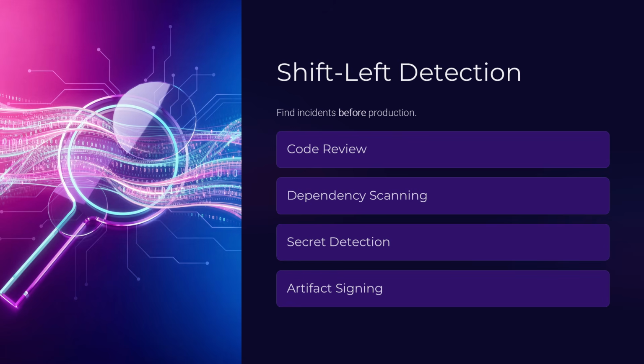Waiting until that secret is exploited in production is too late. Similarly, if a build pulls a malicious dependency, validation controls should identify the anomaly before deployment. As a leader, you must ensure that detection is embedded into development workflows. Prevention and early detection reduce response complexity.